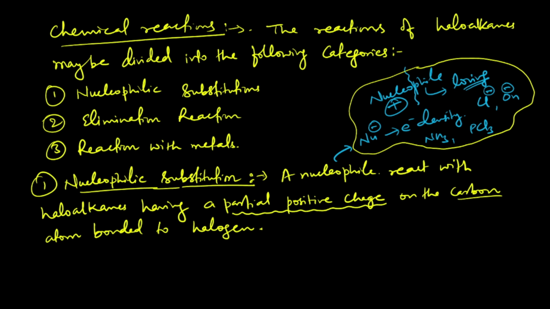In the bond between carbon and halogen, carbon belongs to group 14 and halogen belongs to group 17. The electronegativity difference is large, and the more electronegative element is the halogen, so the bonded pair of electrons moves towards the halogen side. The halogen then has a partial negative charge and carbon has a partial positive charge.